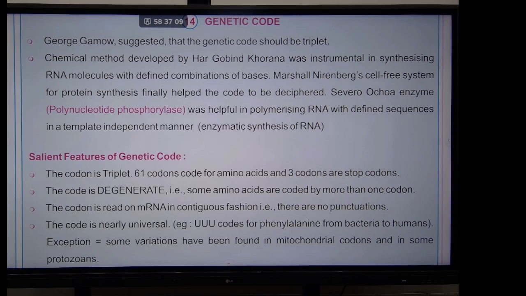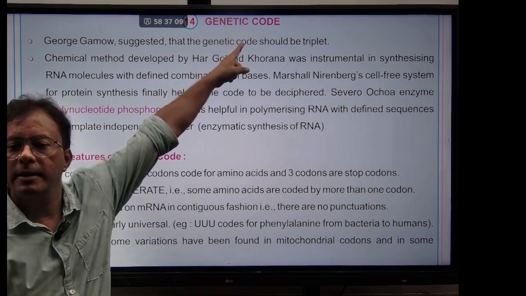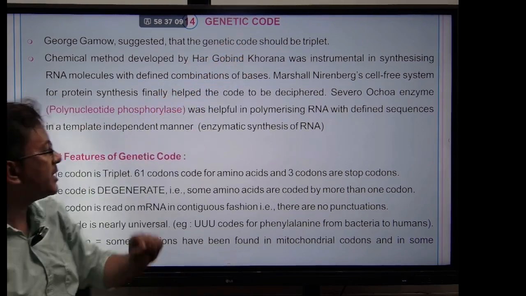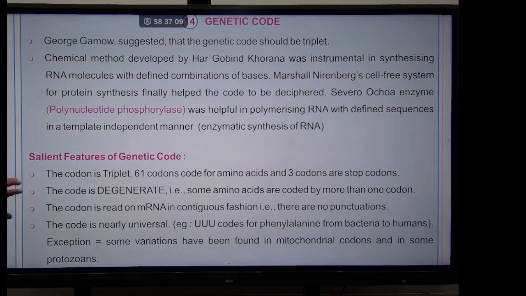Similarly, when these nucleotides are arranged in a particular fashion, they form the codes. And these codes are simply known as the genetic code. Several scientists were involved here. One is Hargobind Khorana, second one is Marshall Nirenberg, and third one is Severo Ochoa, right?